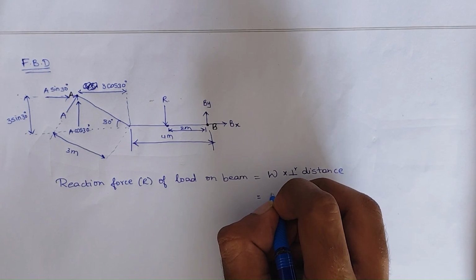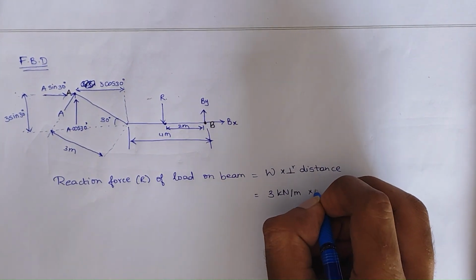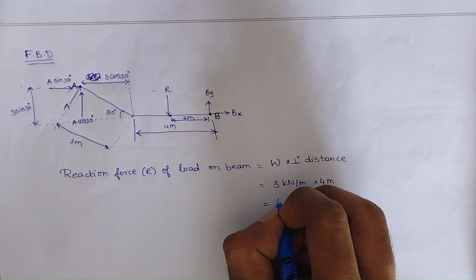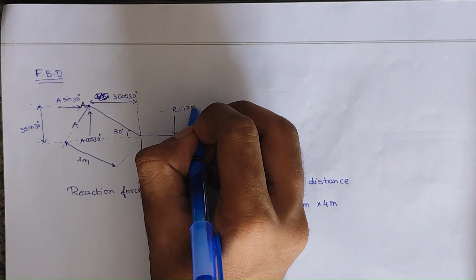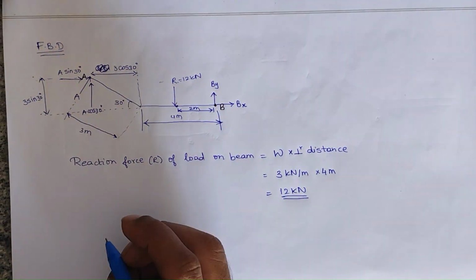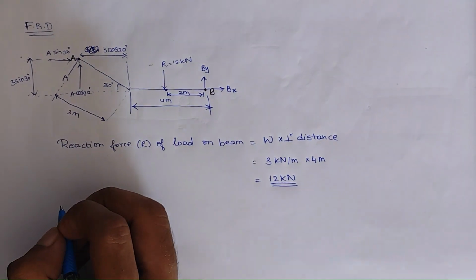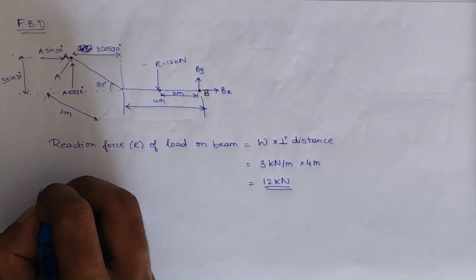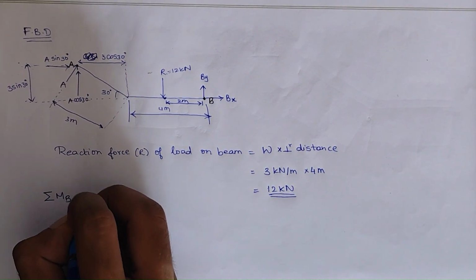So this will be 3 kilonewton per meter into 4 meter, and this results in 12 kilonewton. So we can use it as 12 kilonewton. Now we have to determine the reactions at A and B. So first we will take the moment about the B point.